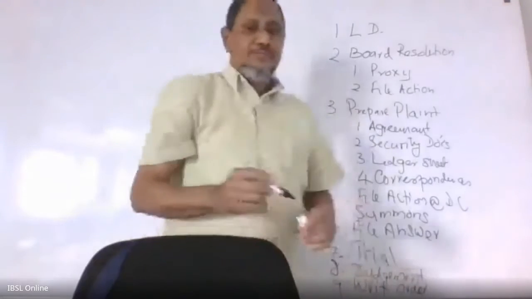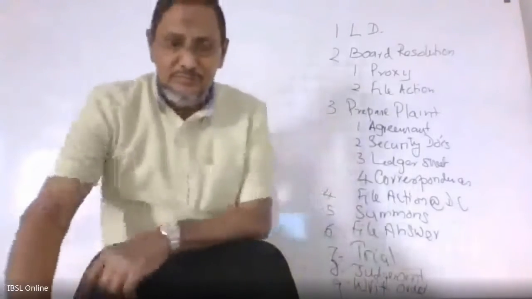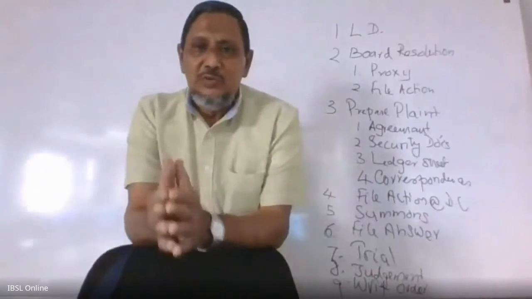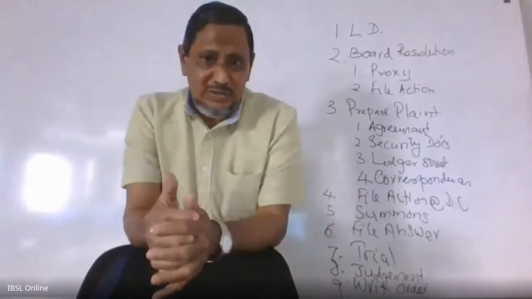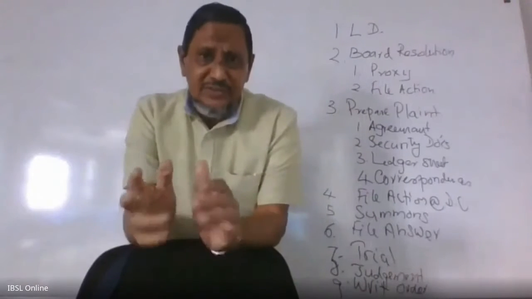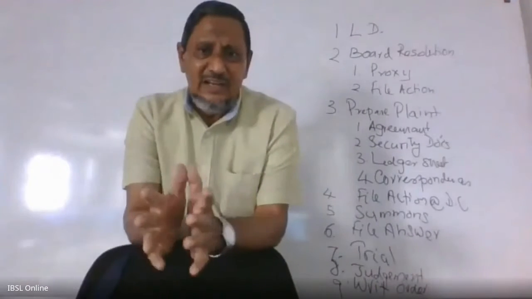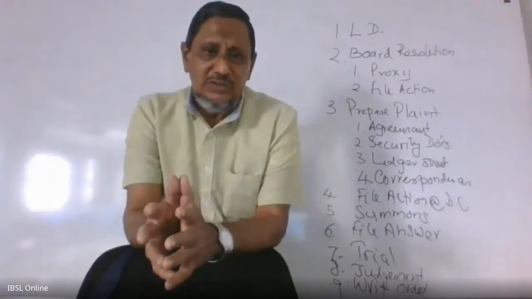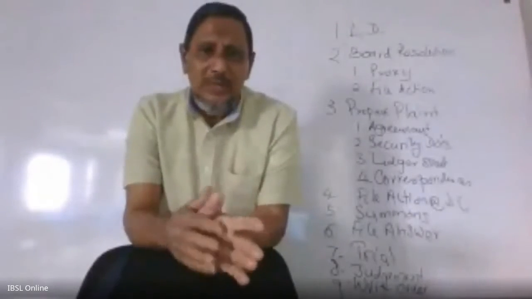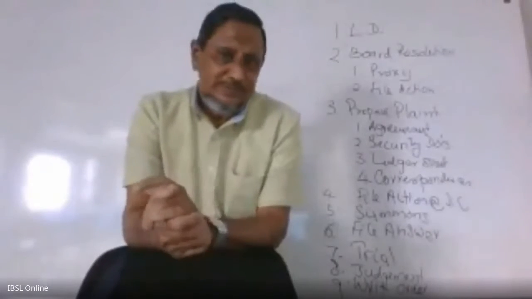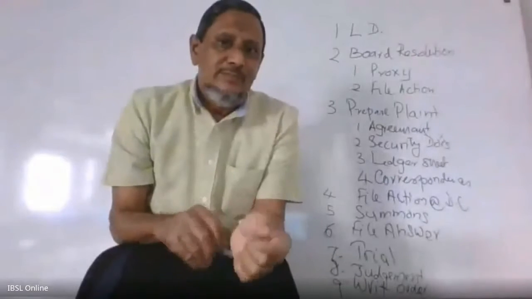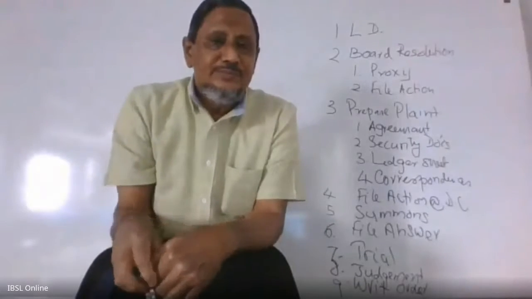A writ order means the court will issue an order to the fiscal to confiscate all these assets, sell them at public auction and deposit the money in the court. Later we can go and claim it from the court. That's the procedure.